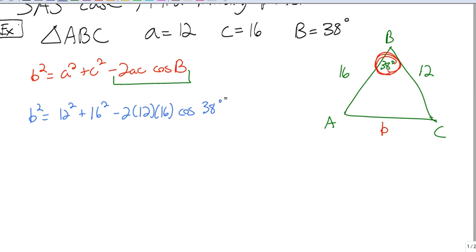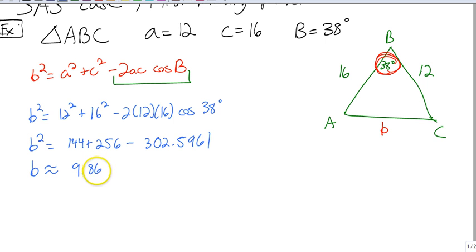Basically you end up with B squared equals 144 plus 256 minus, and if I round to 4 decimal places, 2 times 12 times 16 cosine 38 gives you 302.5961. When you subtract and add and then take the square root, B is approximately 9.869.